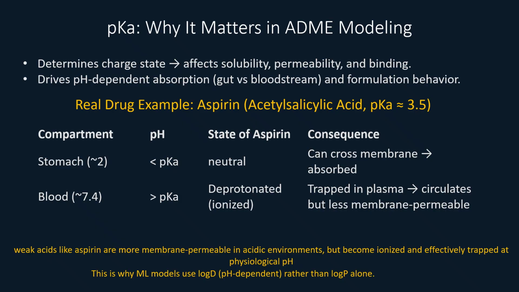This shows us why weak acids like aspirin are more membrane permeable in acidic environments, but become increasingly ionized and effectively trapped at physiological pH.